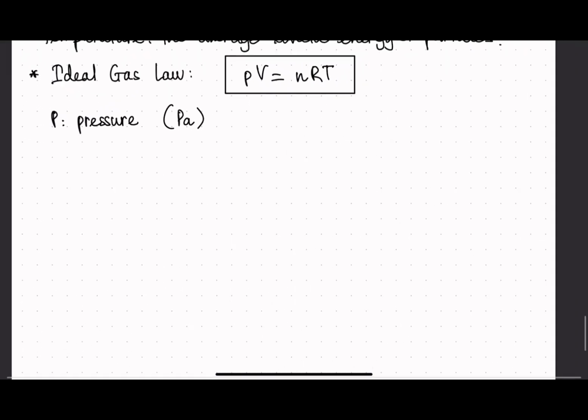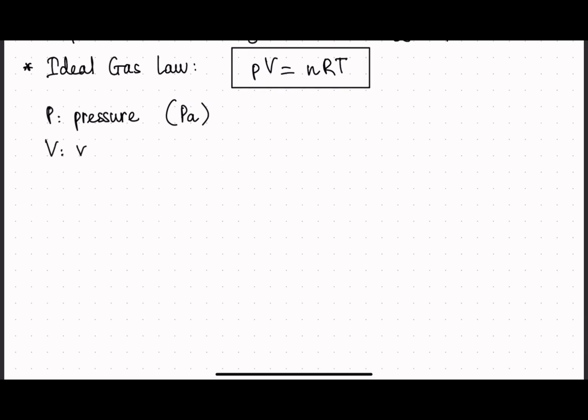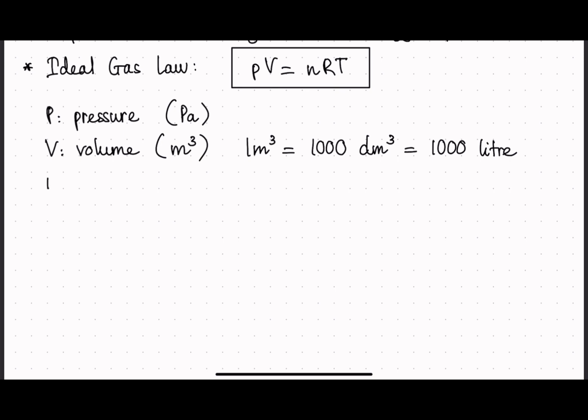But the important thing to remember about this equation is the default unit that we use for all of these measurements. For pressure, the default unit is Pascal. For volume, we use meter cube.